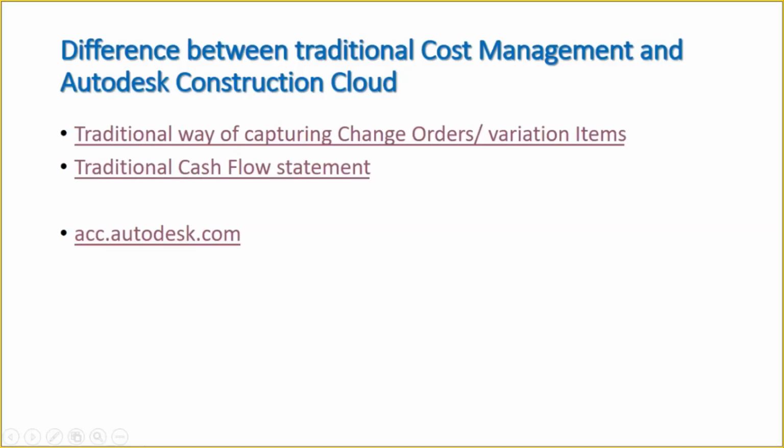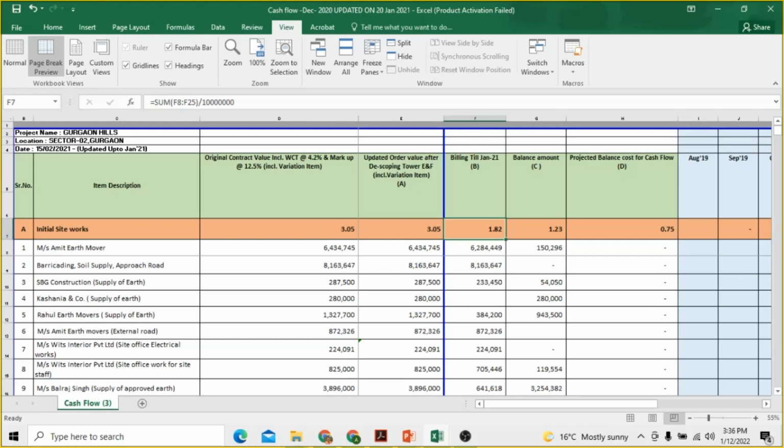If I take you to another statement, which is the cash flow statement, what we do in this is put the item description, contractor's name, then original contract value, then updated contract value inclusive of variation items, change orders, etc. And then up to a particular date, how much billing is done against that work.